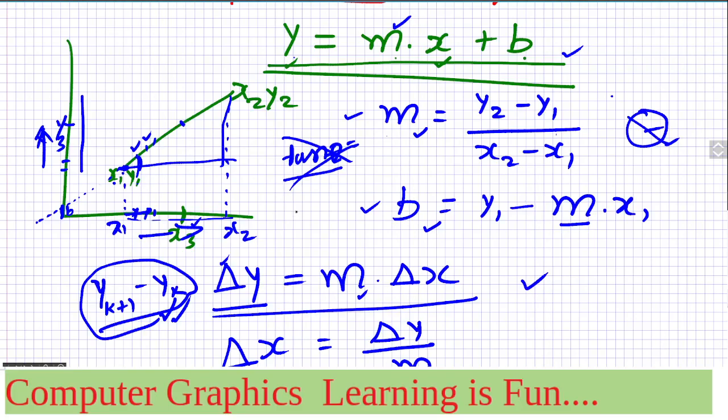But one thing we have learnt here is that if we are aware of the 2 points x1 y1 and x2 y2, then we can use this formula, this method, to find out the intermediate points. And if we shade all these points, then a line is clearly visible.